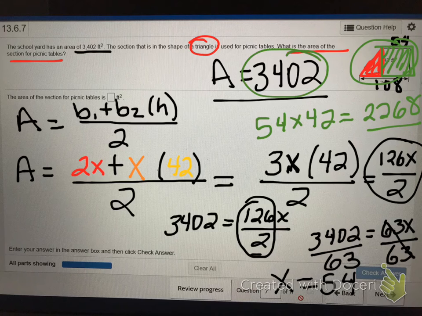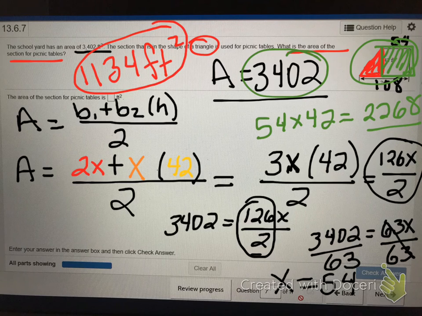So 3,402 minus 2,268 equals 1,134 feet squared, or square feet. So that is the area of our triangular picnic area. Now there are other ways you could have done this.